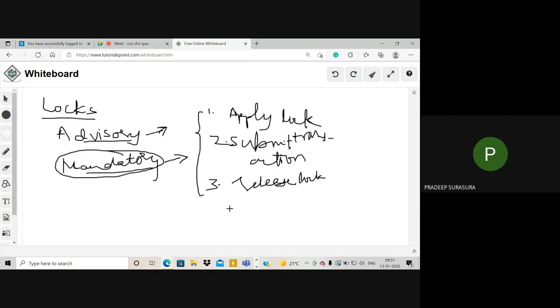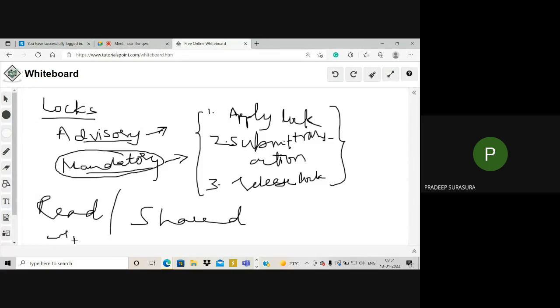Now, when you are using any transactions, we have two types of locks. Read lock, which is called a shared lock, and write lock, which is called an exclusive lock.